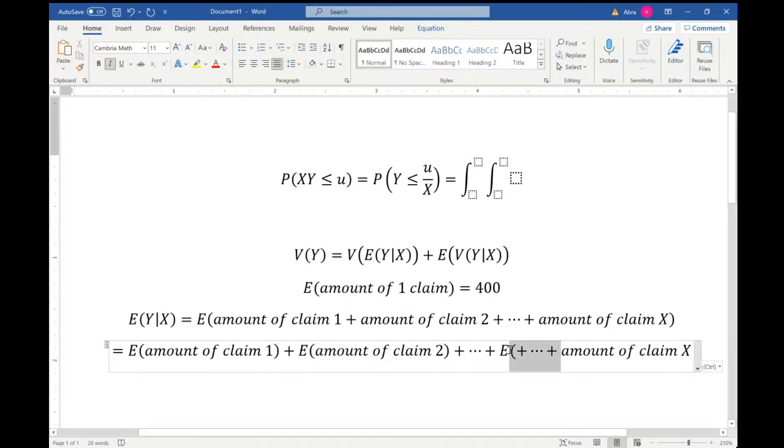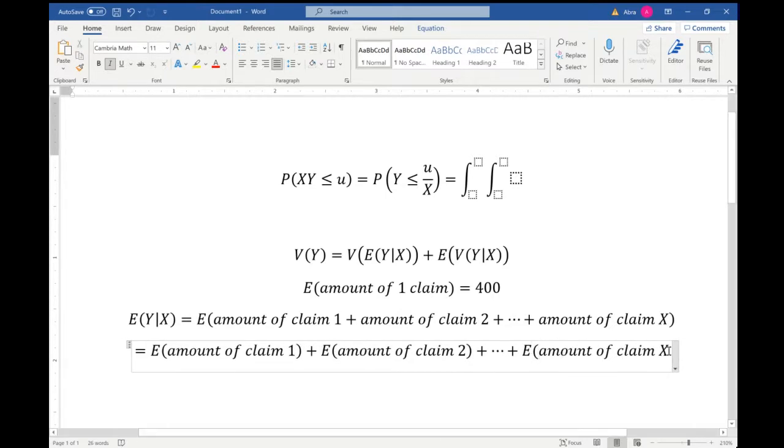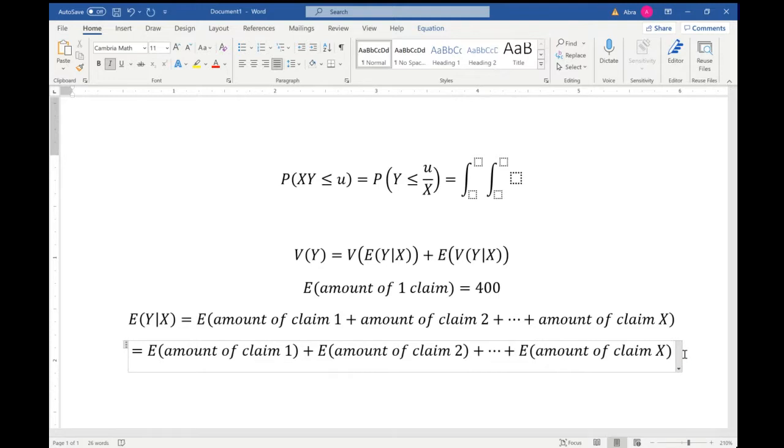The expected value of the amount of claim x. Oh, so it would just be 400x in that case? Right. Okay. Each of these is 400. Right. Okay. Cool.